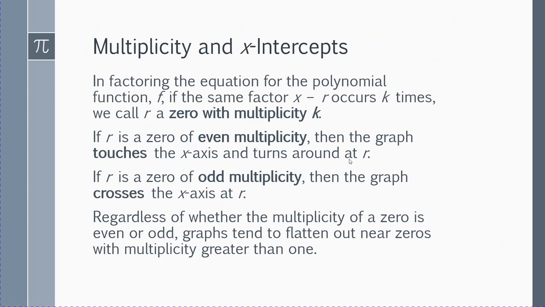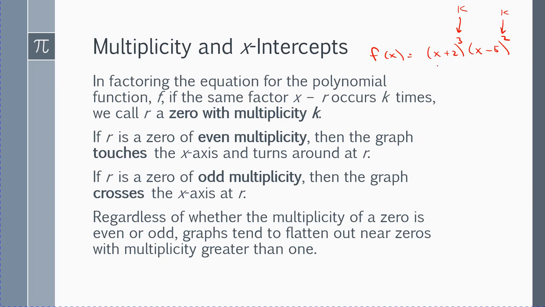So in factoring, the equation for a polynomial function f, if the same factor, x minus r, occurs k times. So what this means is if it looks something like this. Let's say x plus 2 to the third power times x minus 5 squared. Note this exponent here is the k.